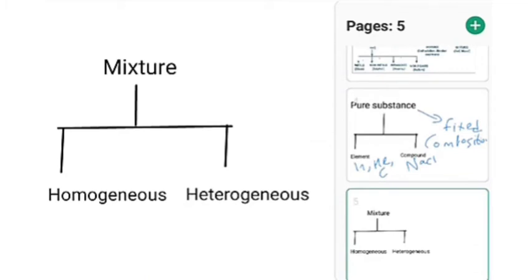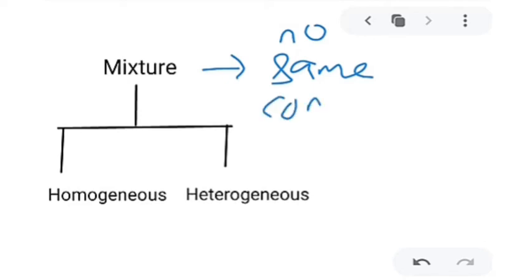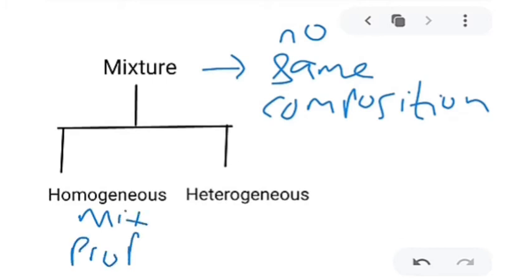Now what is a mixture? Mixtures are of two types: homogeneous and heterogeneous. A mixture means its composition is not the same everywhere. It means it has a different composition. For example, I can say sand, I can say air. So what is homogeneous? Homogeneous means mixed properly. If it is mixed properly, and it is hard to separate, it is homogeneous.